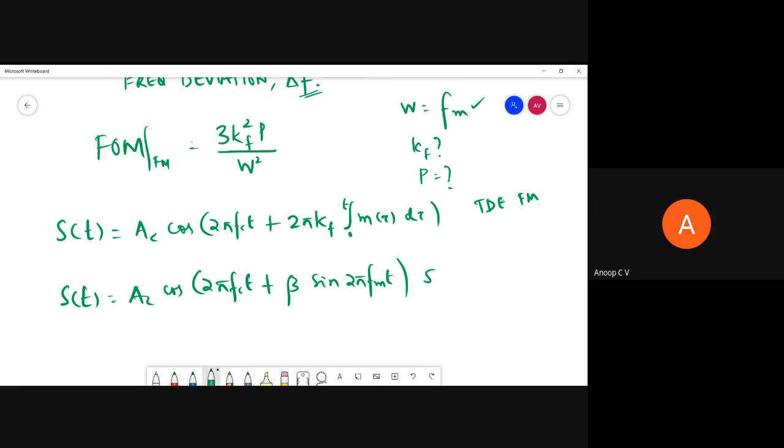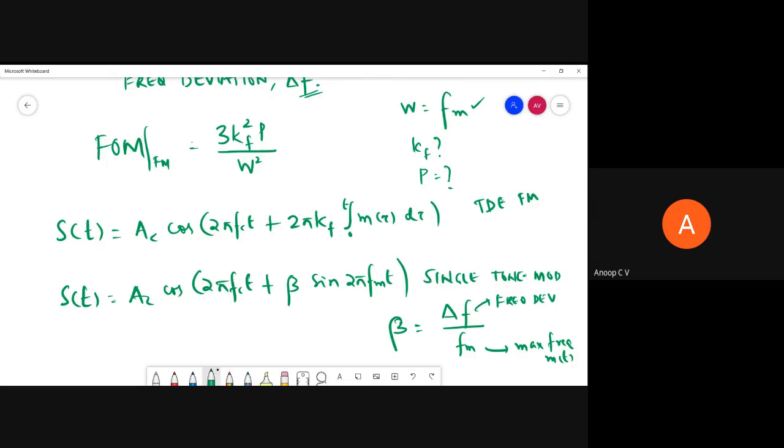So if it is a single tone modulation system, the standard time domain expression reduces to Ac cos(2 pi fc t plus beta sine 2 pi fm t), and this beta is nothing but delta f by fm, where delta f is the frequency deviation and fm is the maximum frequency content of m of t.